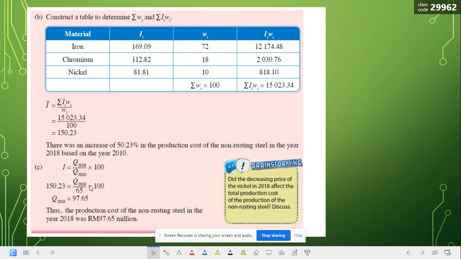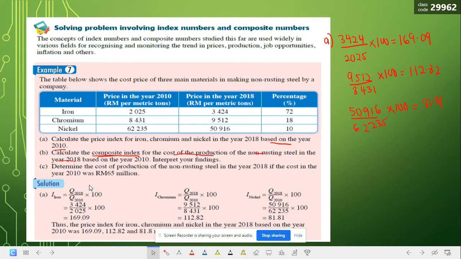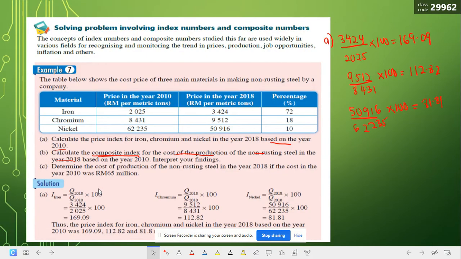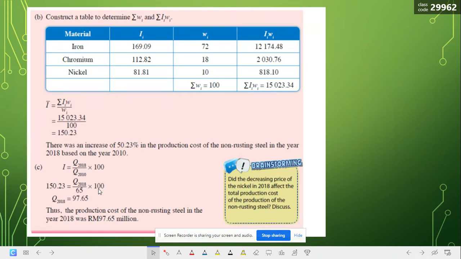Then Q 2018, and the 2010 cost they already said is 65 million, times 100. You want to know the cost for 2018. They already gave 2010, and you already know the composite index. So we just substitute, then you will get 2018 is 97.65 million. So that's the answer for this one.